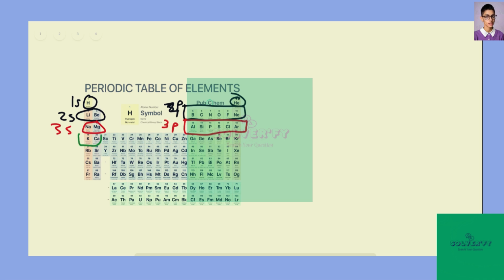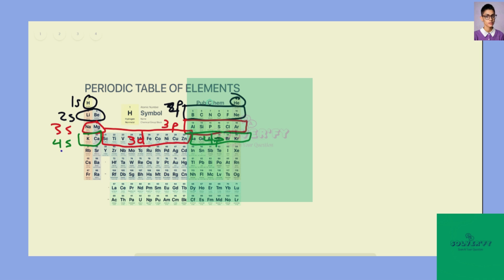Then we come down and we have 4s, and then we have 3d. And the electron configuration goes in that order. It goes 3s, 3p, and it loops back around. It goes 4s, 3d, and then comes back to 4p.